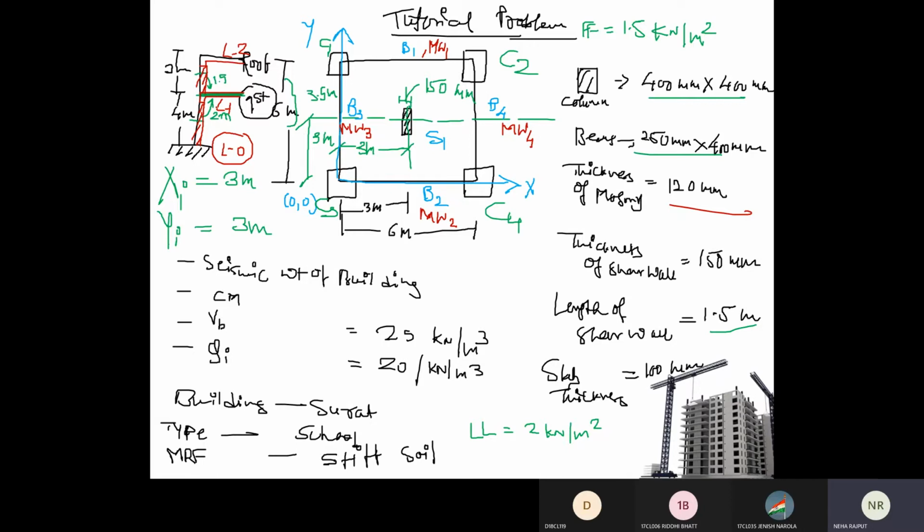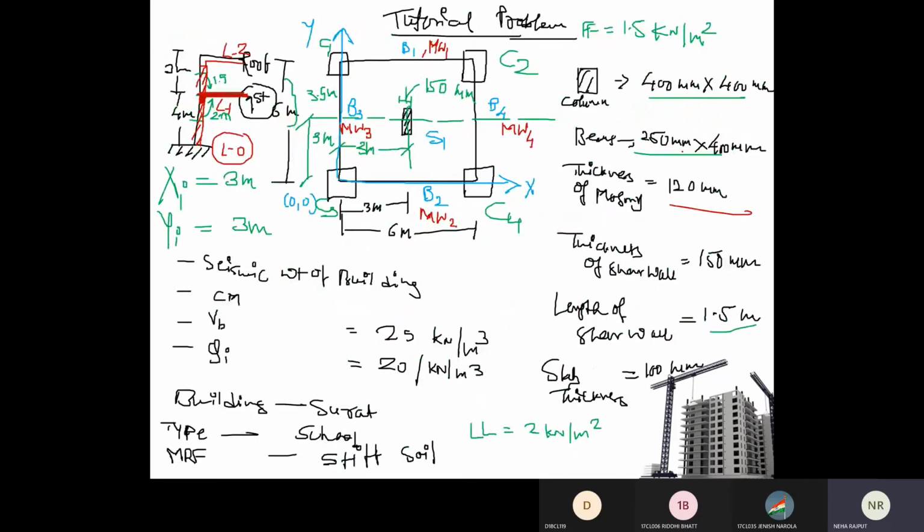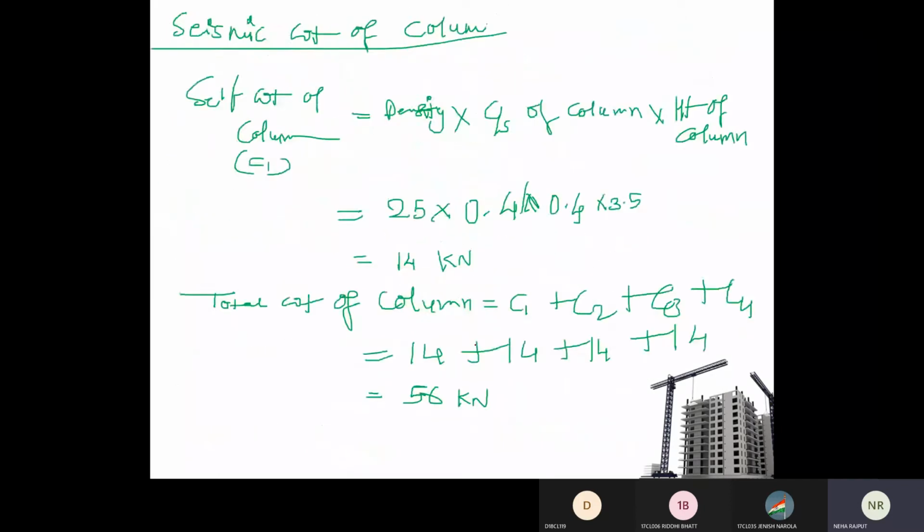ખ્યાલ આવ્યો? So from 3.5 meter deduct the height of or depth of wall. Sorry, depth of beam. આટલું માઇનસ કરી. So this small depth of beam 400 mm.